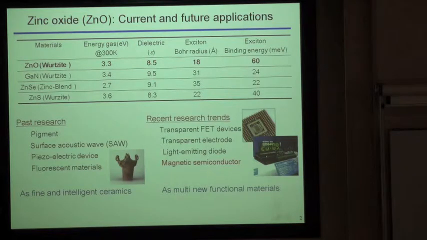And these days it shows various kinds of functional characters, such as a transparent thin film transistor, and the transparent electrode widely used for solar cells combined with silicon or other organic solar cell materials.